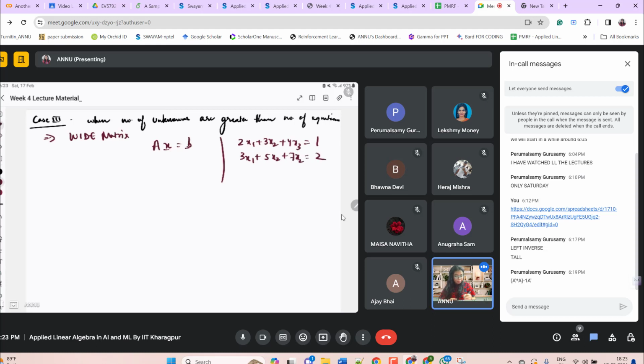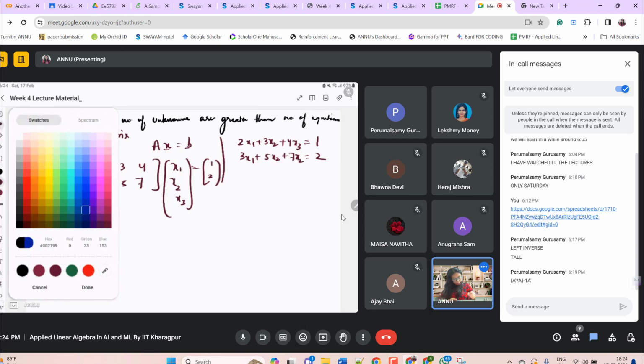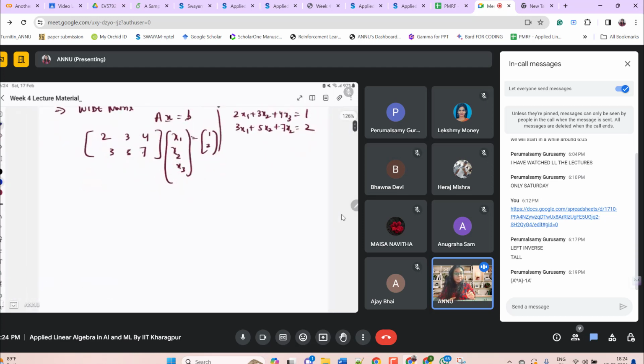So you will have x1, x2, x3, the matrix 2, 3, 4, 3, 5, 7, and here you will have 1 and 2. Now, with a wide matrix, x equals A inverse right B. This is the right inverse.